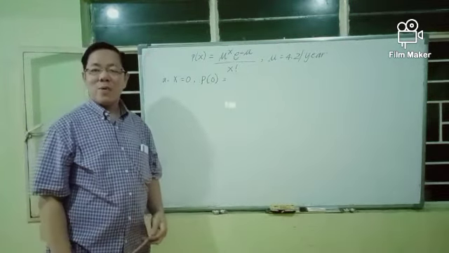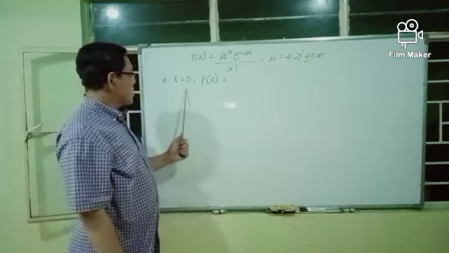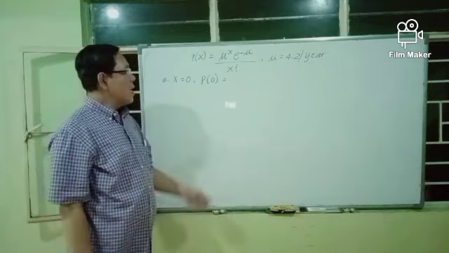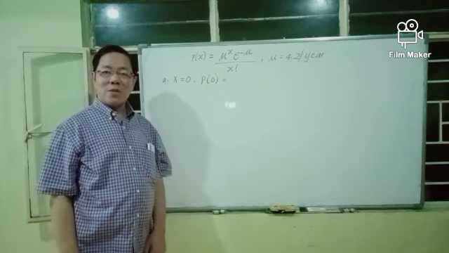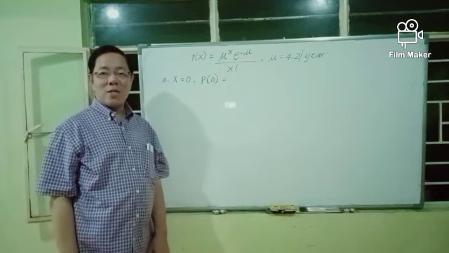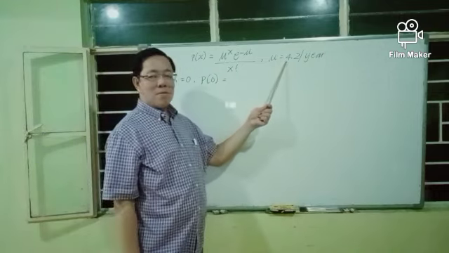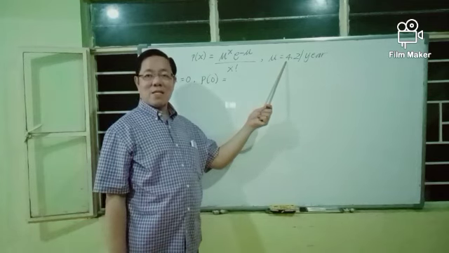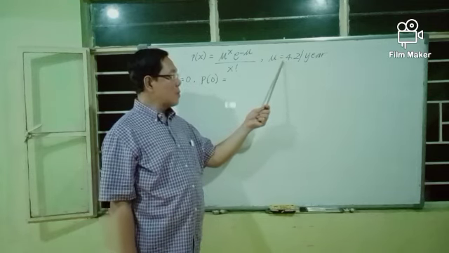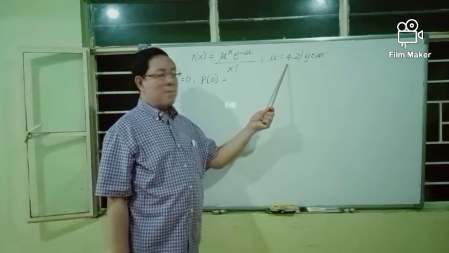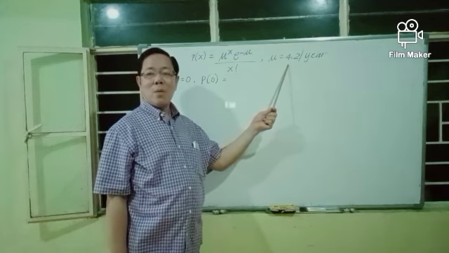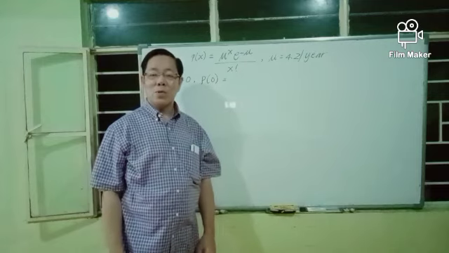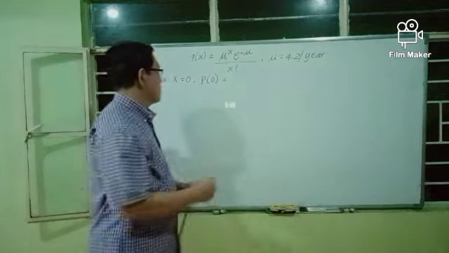But in letter A, we want the probability of no power outages in a 4-month period or 1/3 year. Hence, to get the average number of power outages in a 4-month period or 1/3 year, we divide this average number of power outages in a year by 3. Or we multiply 4.2 power outages in a year by 1/3. Because 4-month period or 4 months is equal to 1/3 year.